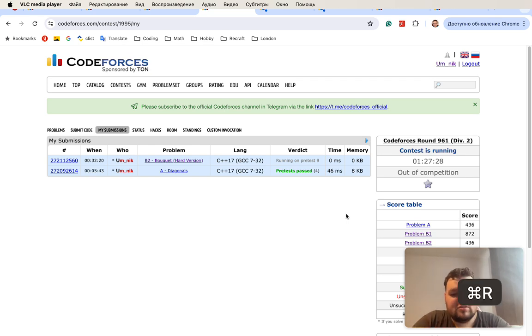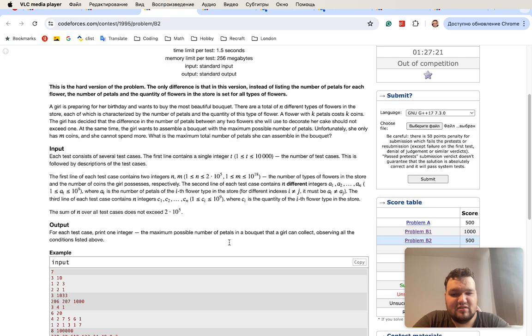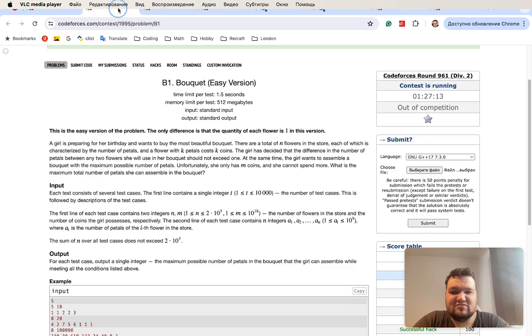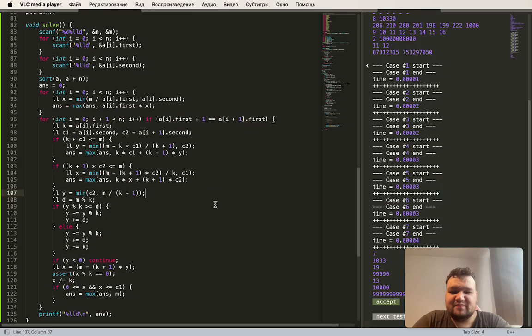Right, so to get B1, we need to correctly read this input. Like, no, this input.